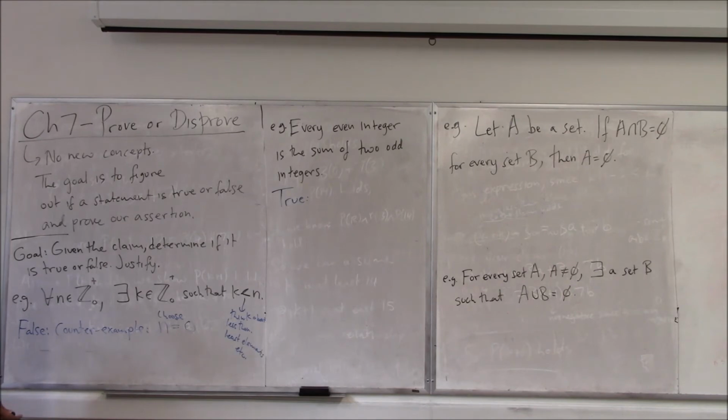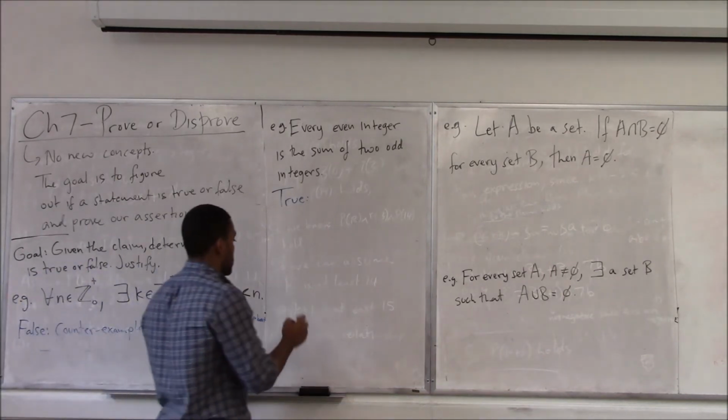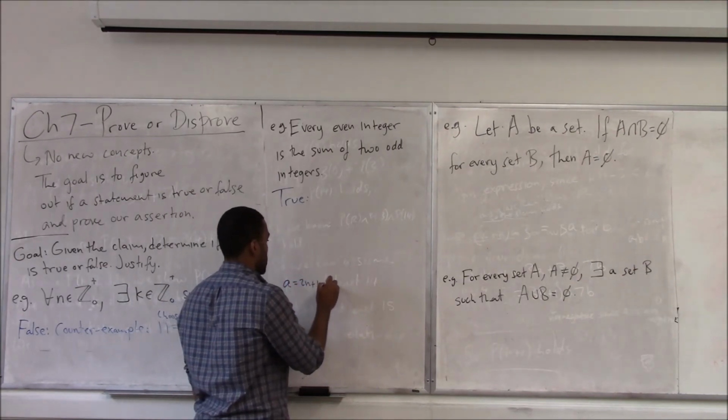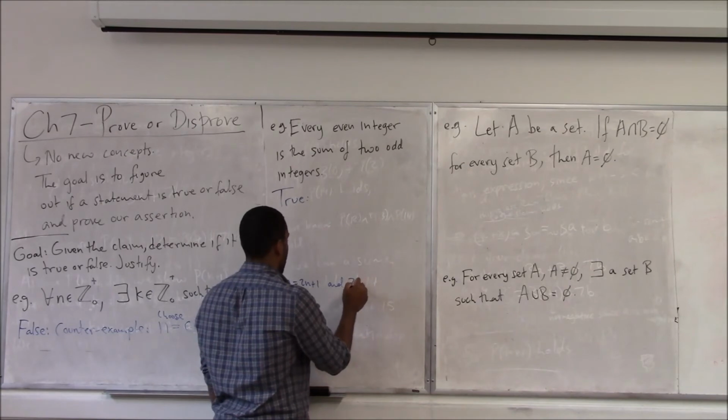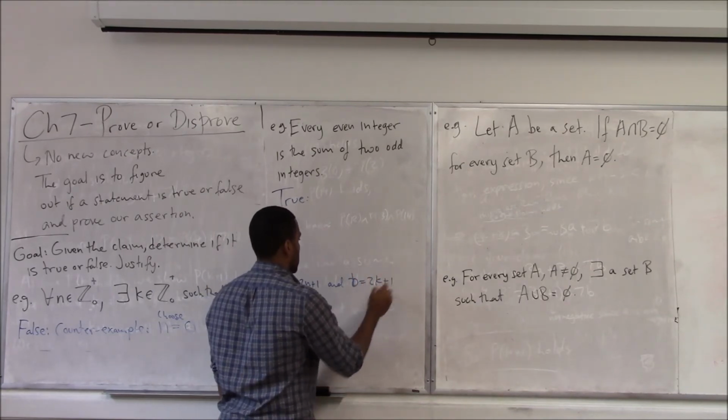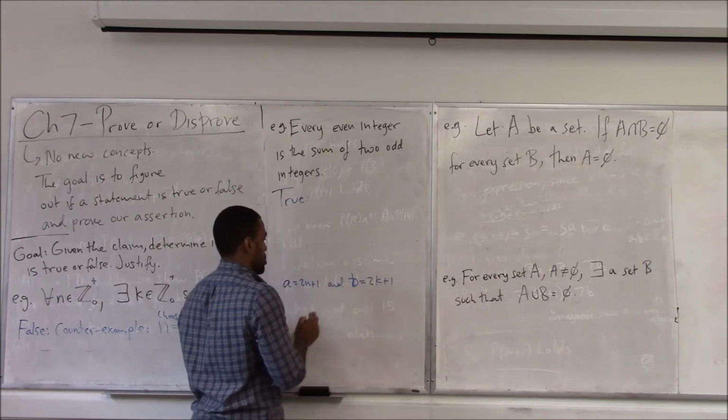Okay. Let a equal to 1 plus 1 and b equal to k plus 1, equal to a plus b.